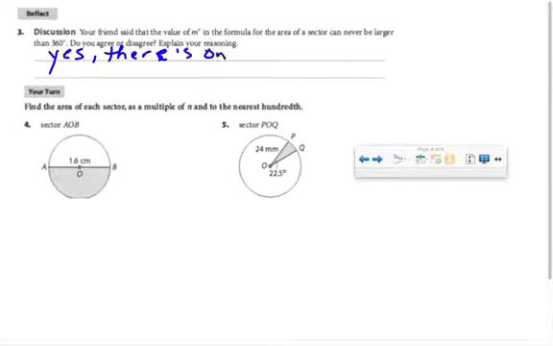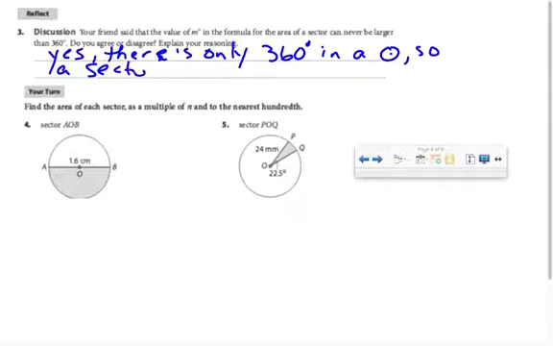There's only 360 degrees in a circle, so a sector greater than that is impossible.